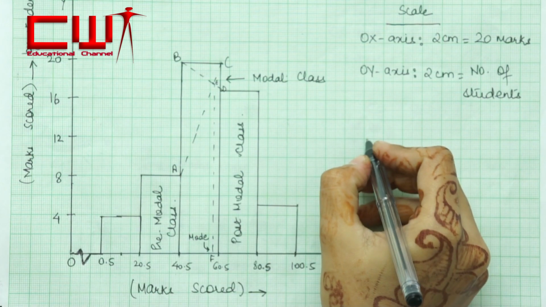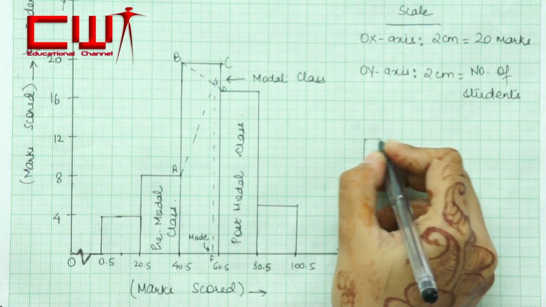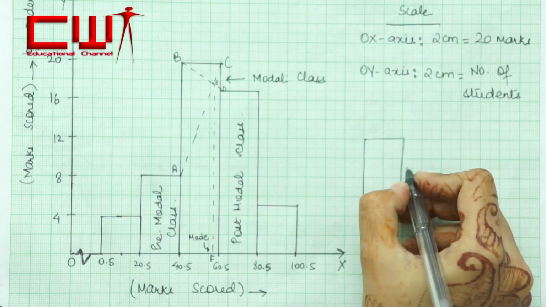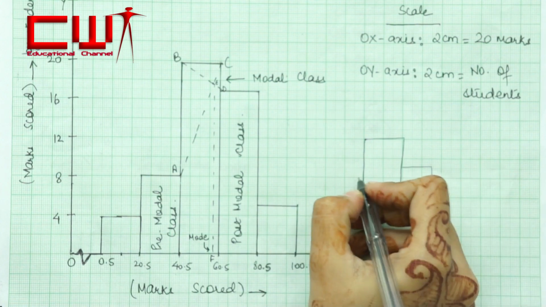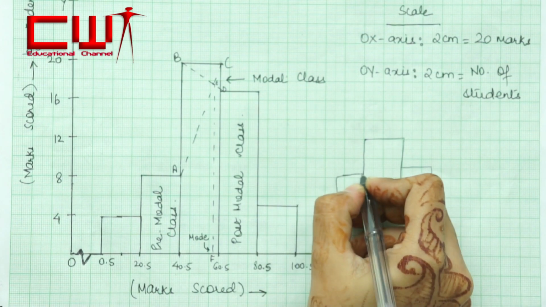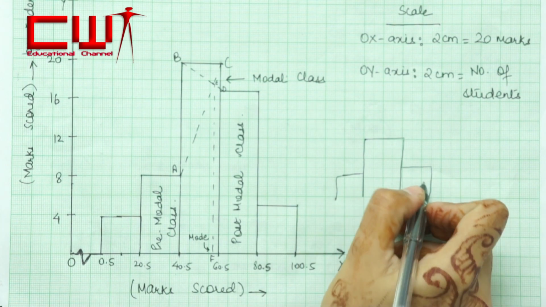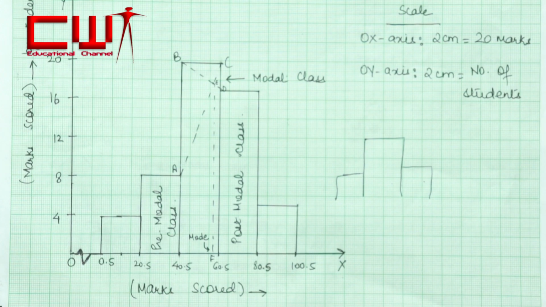Suppose this is the highest bar, you have one bar to the left and one bar to the right of it.